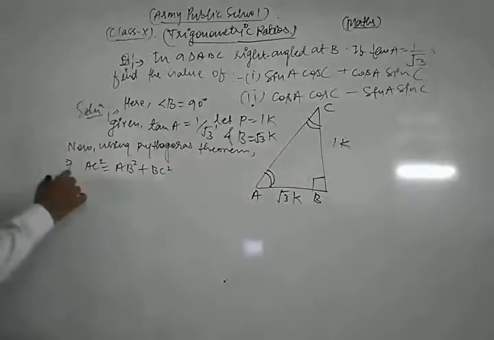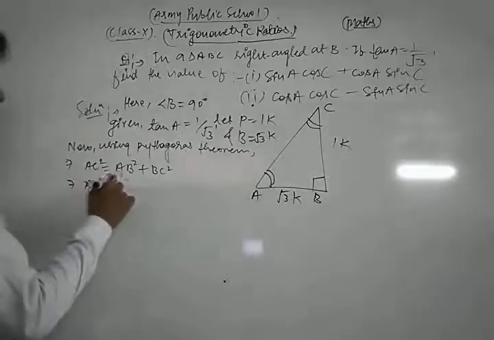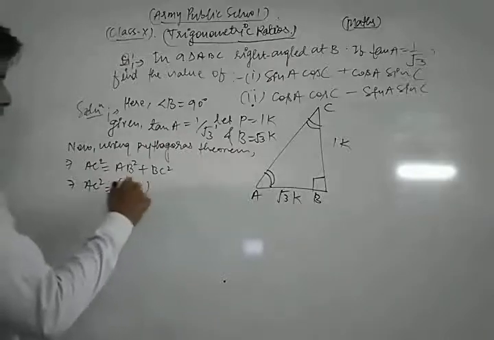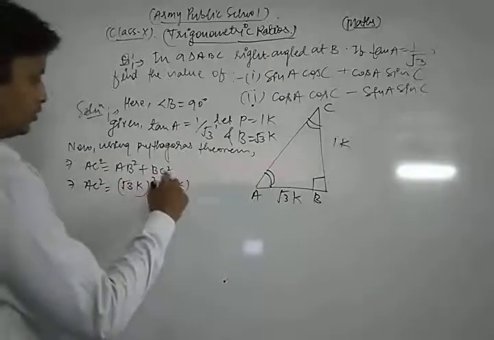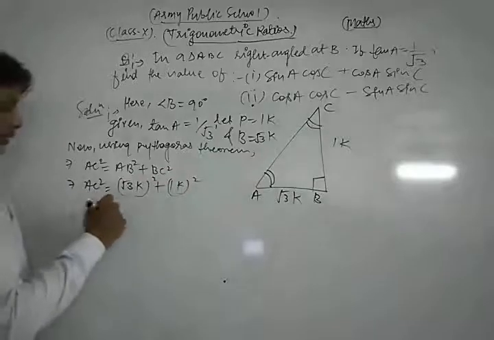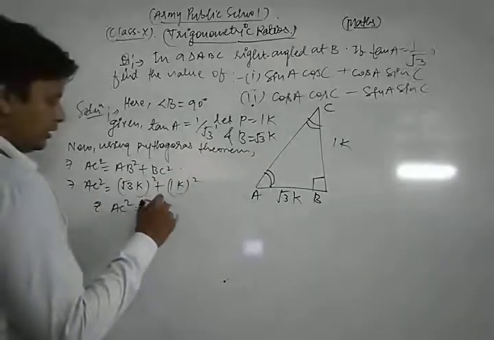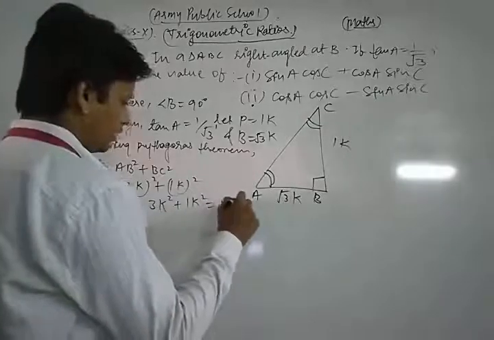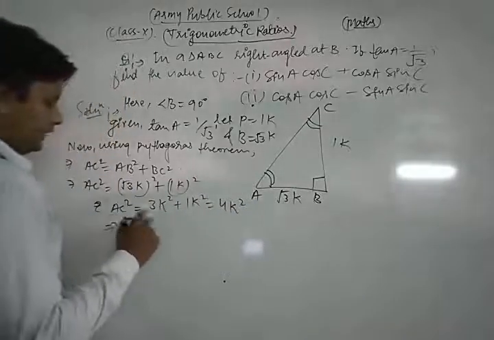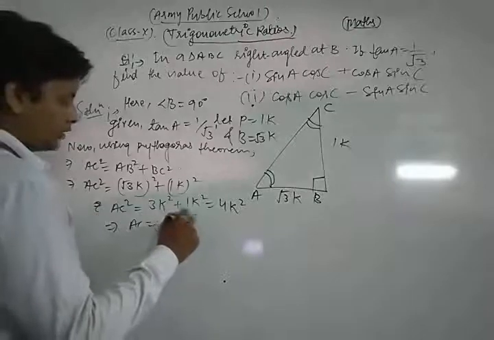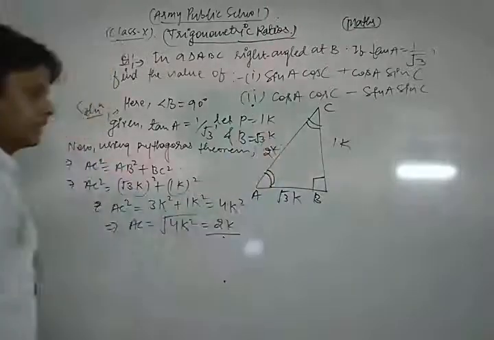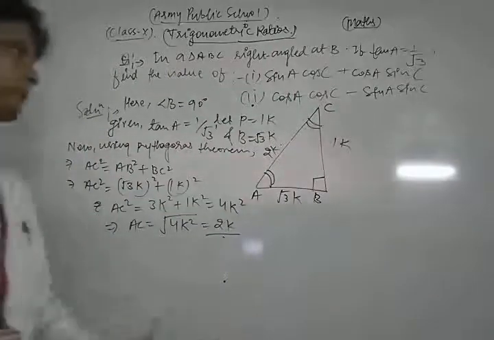So we have AB as under root 3k whole square plus 1k whole square. So we get AC square equal to 3k square plus 1k square, that is 4k square. So we have AC equal to under root 4k square, that is 2k. So in this way the hypotenuse AC is 2k.